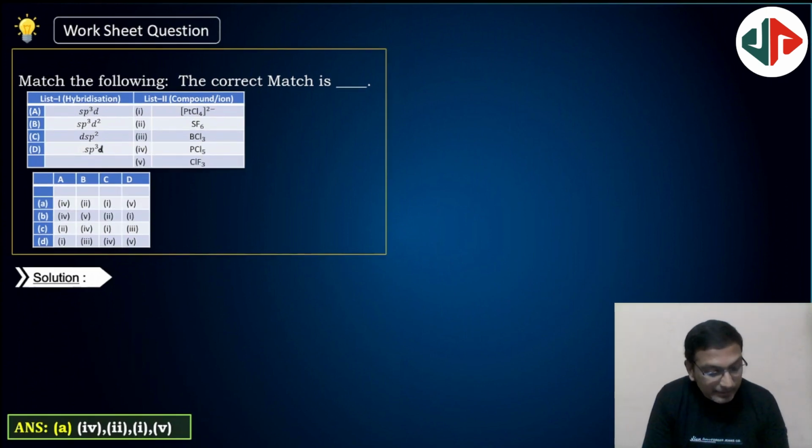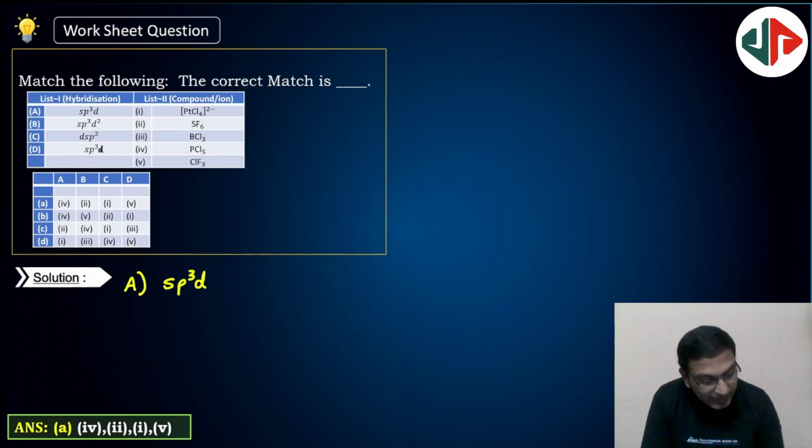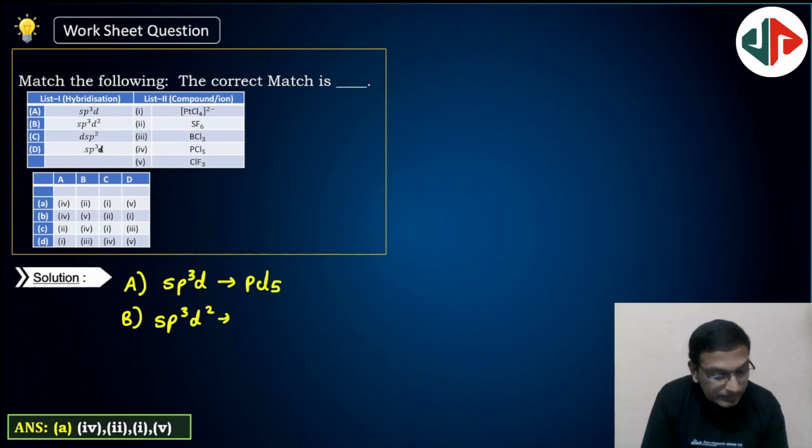Here matching. sp3d. So for option A, sp3d means PCl5. Correct? PCl5. Next for B, sp3d2, SF6.